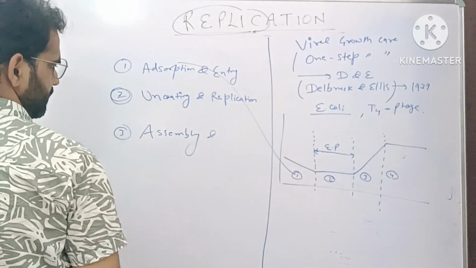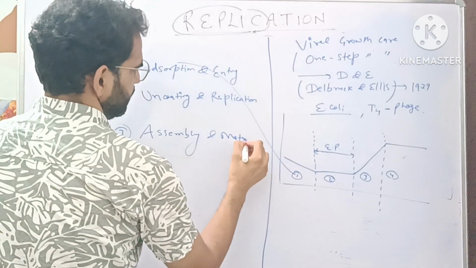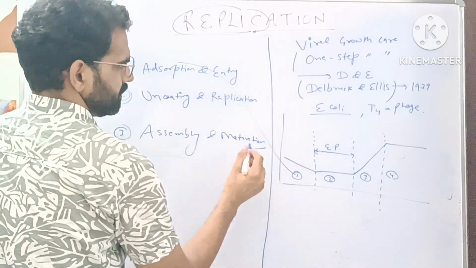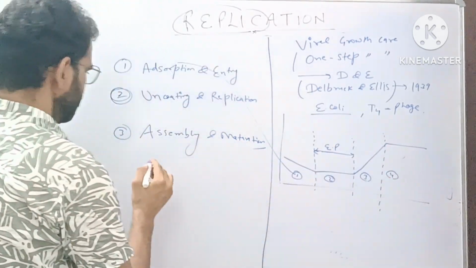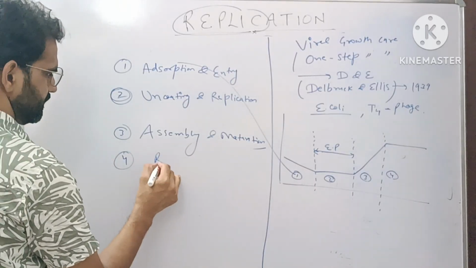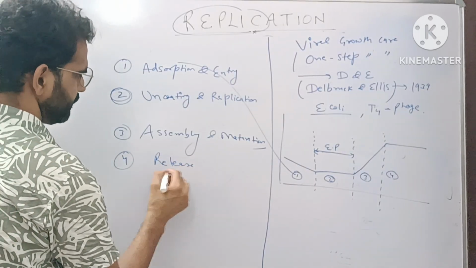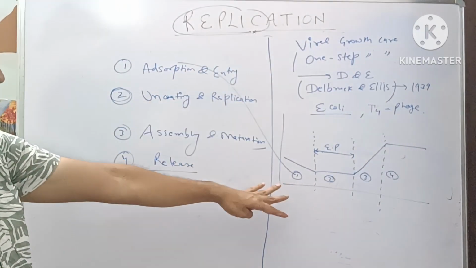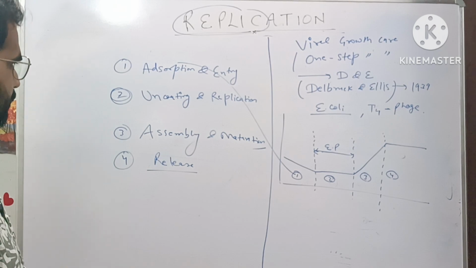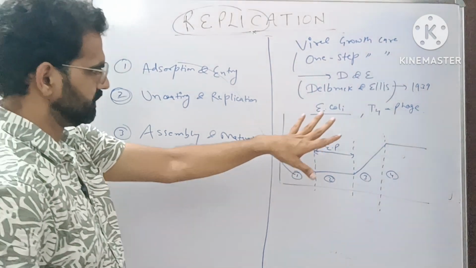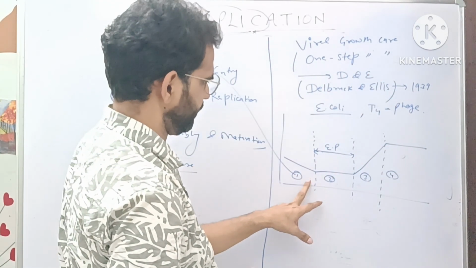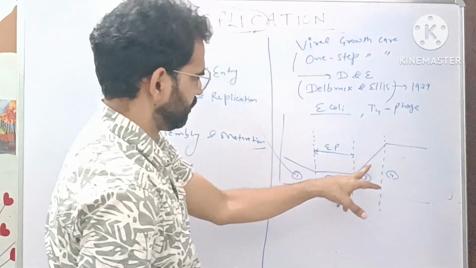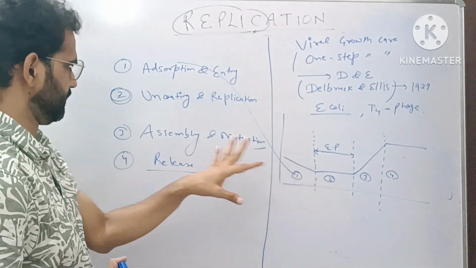This is assembly and maturation. Then number four is the burst phase, which is known as the release of viruses from the cell to the outside. So this is the one-step growth curve having four particular steps or phases.